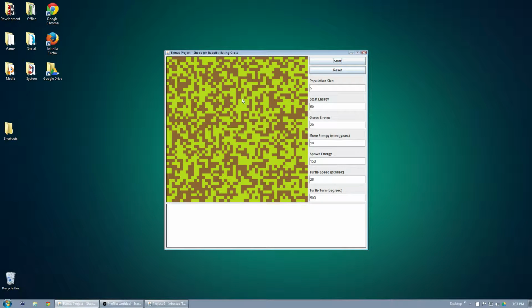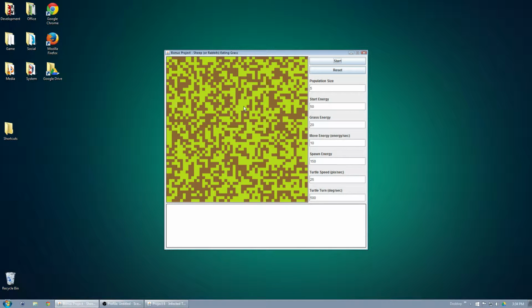For COS 225 at the University of Maine, Introduction to Object-Oriented Programming, we had a bonus problem of taking our infected turtles project and turning it into sheep or rabbits eating grass. It requires energy for the sheep to move, and when the energy reaches zero, they die.